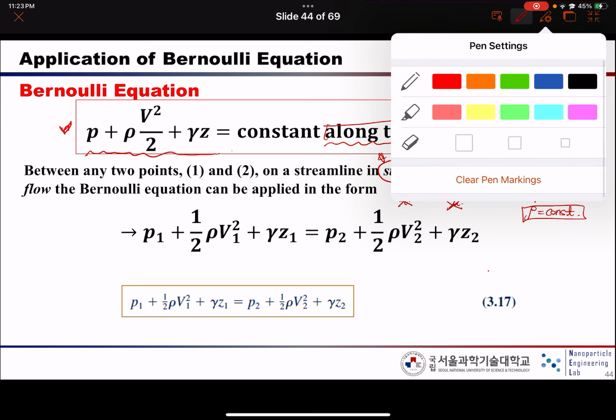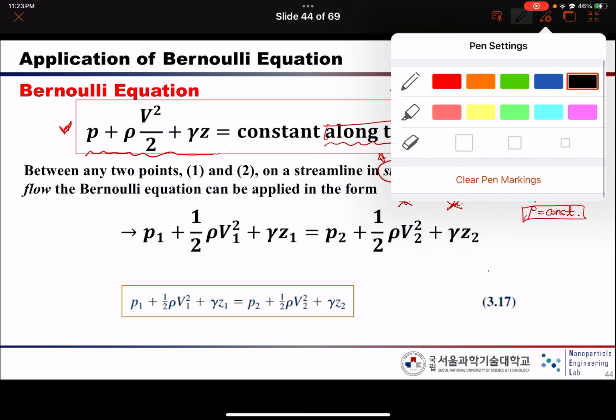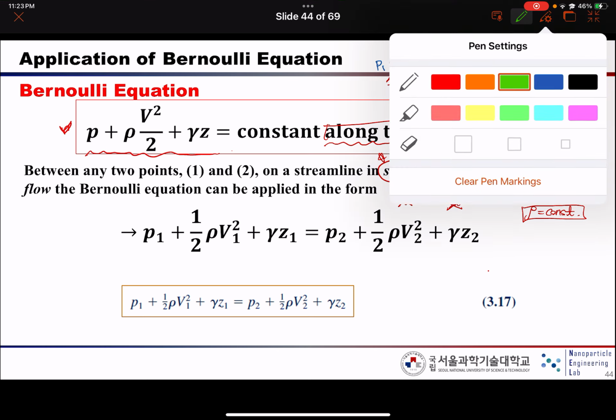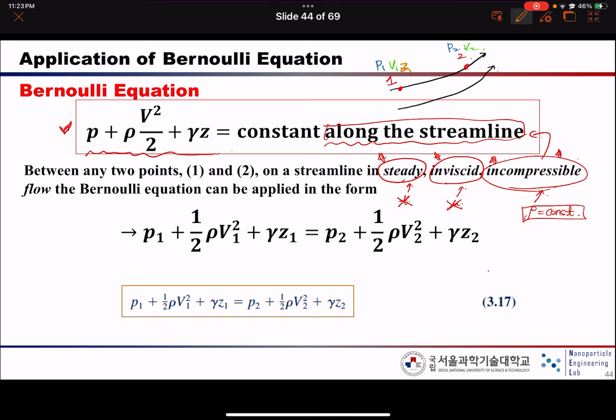So to use this equation practically, there are two points on a streamline, point 1 and point 2. Pressures P1 and P2 are different, the velocities are also different, and the heights are also different.